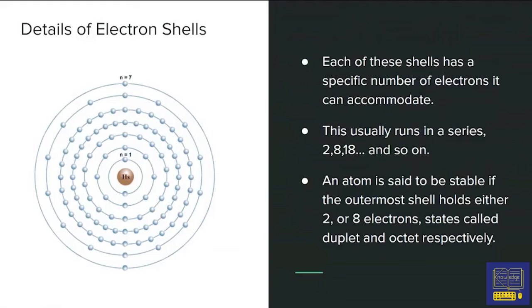Another concept that I'd like to introduce is the concept of stability. An atom is stable if its outermost shell, that is the most exterior located shell, has either 2 or 8 electrons. These states are called duplet and octet states, and they're special because at this point we can say that the atom is stable.